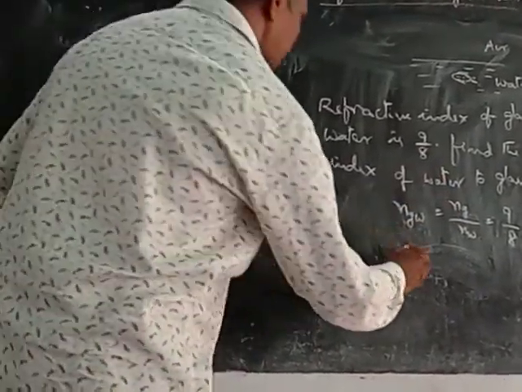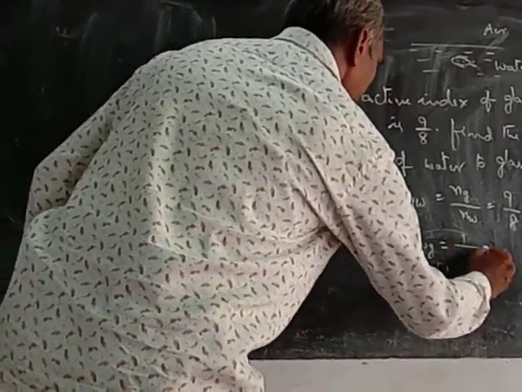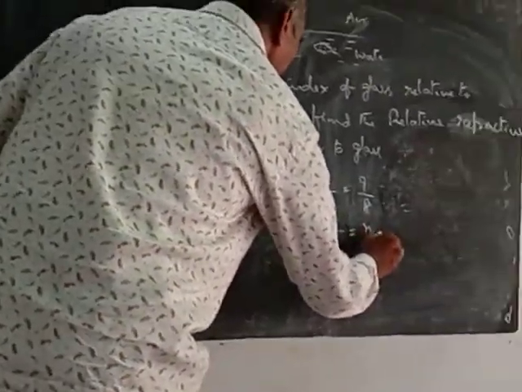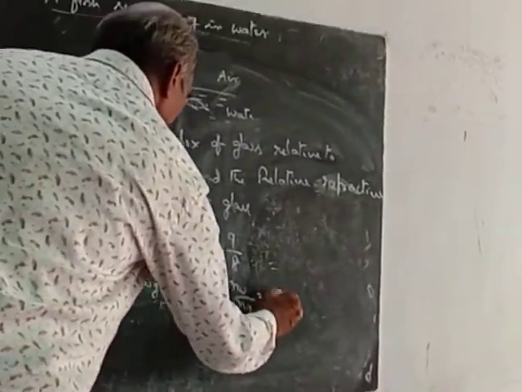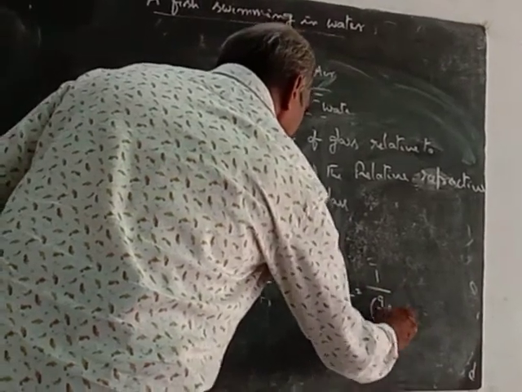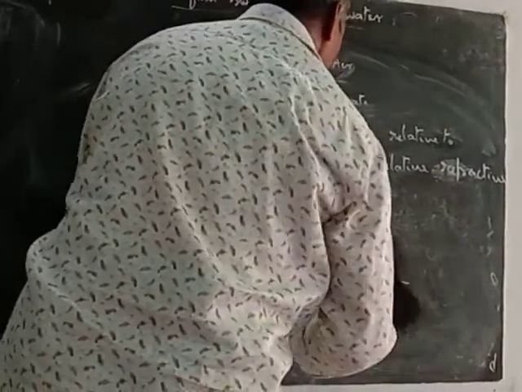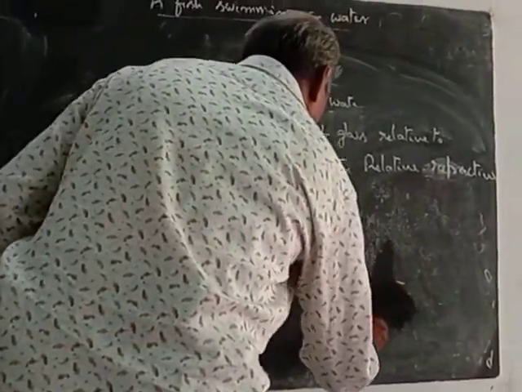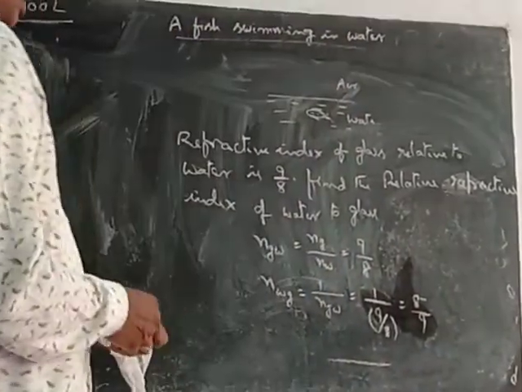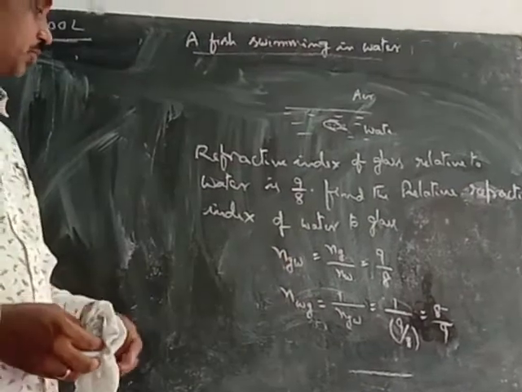If you want to find nWG, that is 1 by nGW, that equals nW by nG, that equals 1 by 9/8, that is equal to 8 by 9. This is the refractive index of water relative to glass.